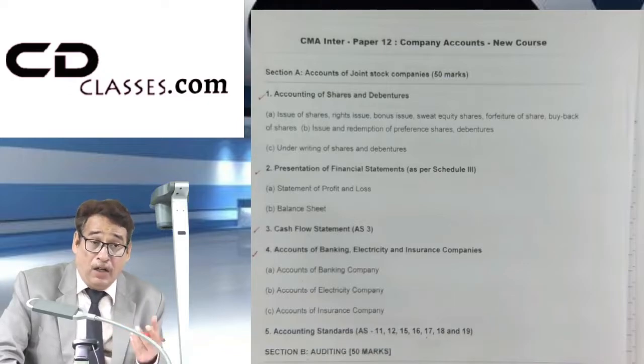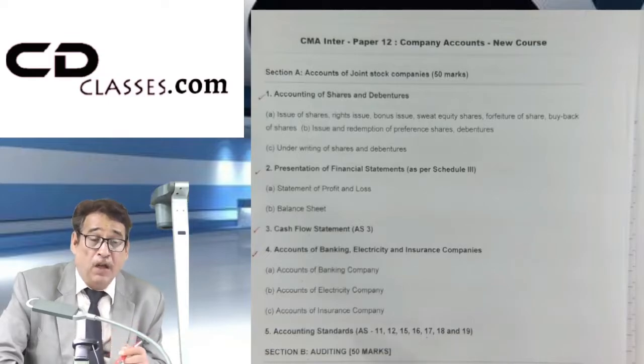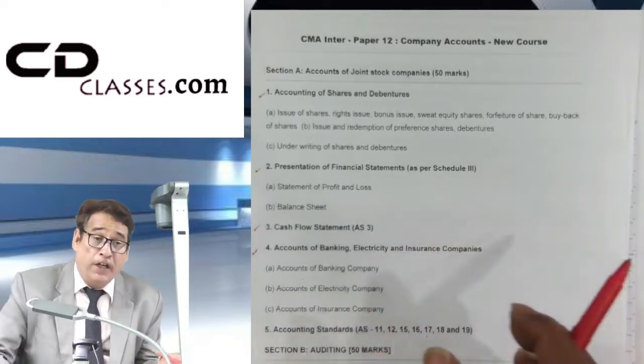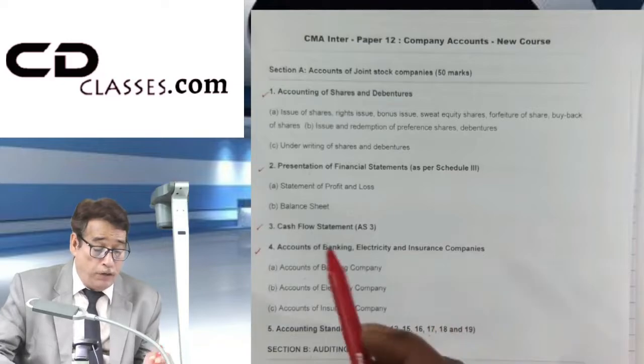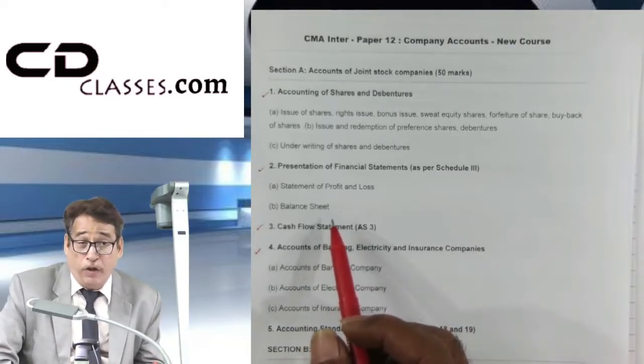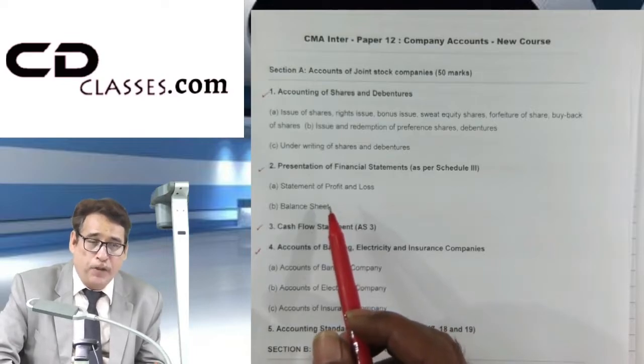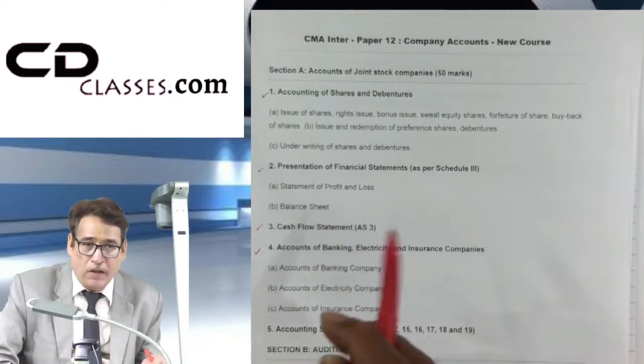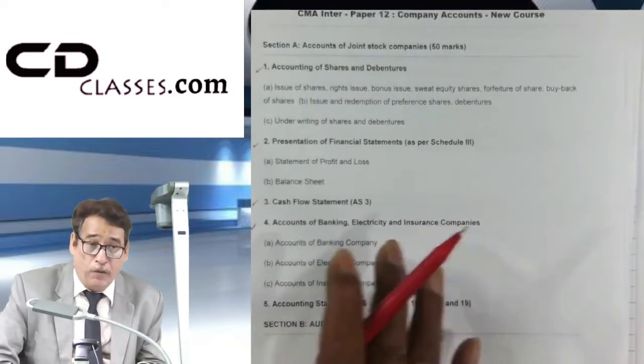So, how under Schedule 3 and Section 129 of the Companies Act 2013, a company nowadays would prepare a statement of profit and loss and balance sheet, that is the core issue. One needs to have very sound knowledge of the same to prepare the accounts as per the formats which have been given. It's quite an important chapter.